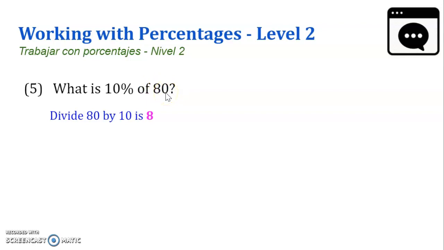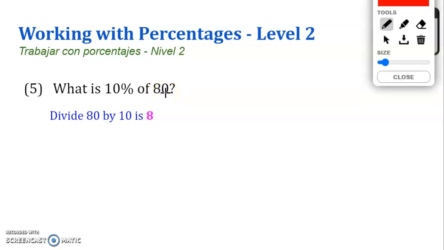Currently the decimal place is right here. We want to move the decimal place one place to the left, and it's going to be right there. So that becomes 8. Dividing by 10 is easy because you just move the decimal place to the left by 1 position.